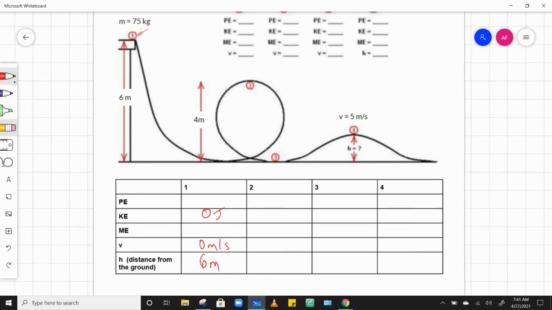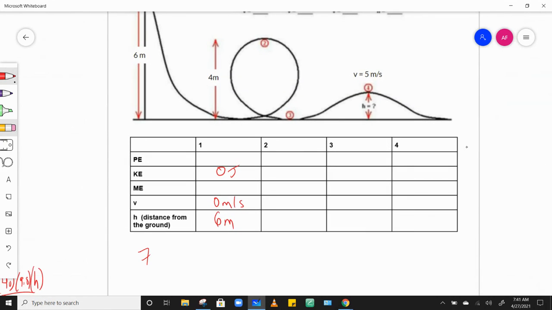So the mass is 75 kilograms times 9.8 times the height, which is 6. So that will be our potential energy. So 75 times 9.8 times 6, and we get 4410. Okay, and that's going to be the amount of mechanical energy.